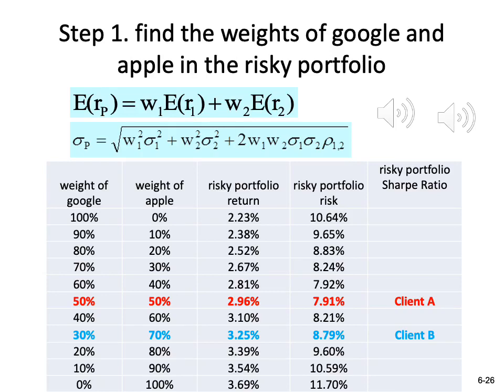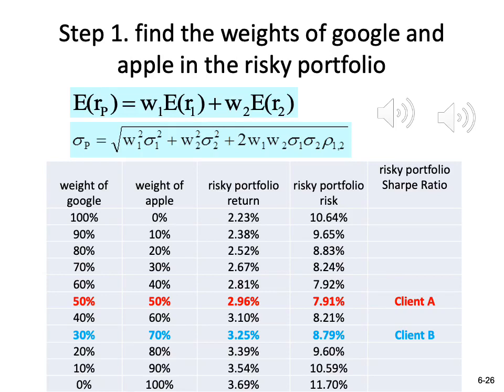Then we are going to create the big table we did before. To find the best combination of Google and Apple, we first list all possible combinations of Google and Apple. We start from 100% money invested in Google, 0% money in Apple. Then we gradually decrease the weight in Google and increase the weight in Apple by 10%.